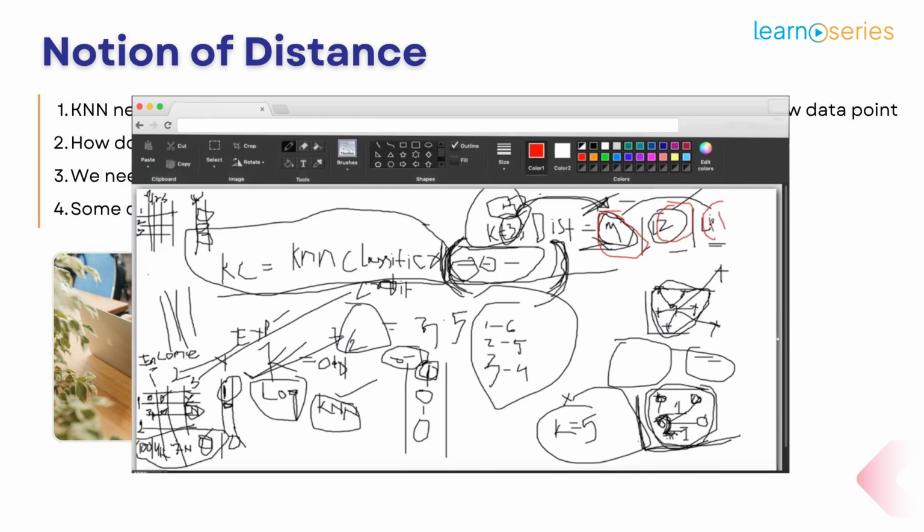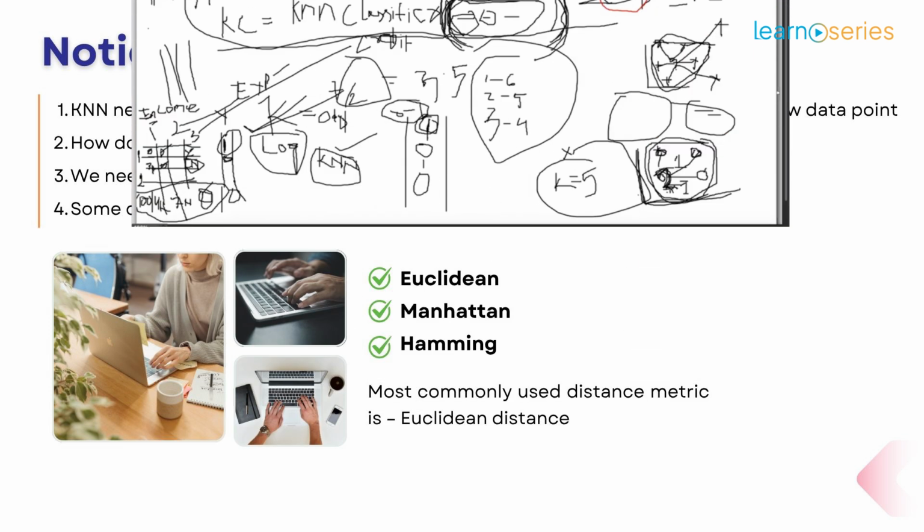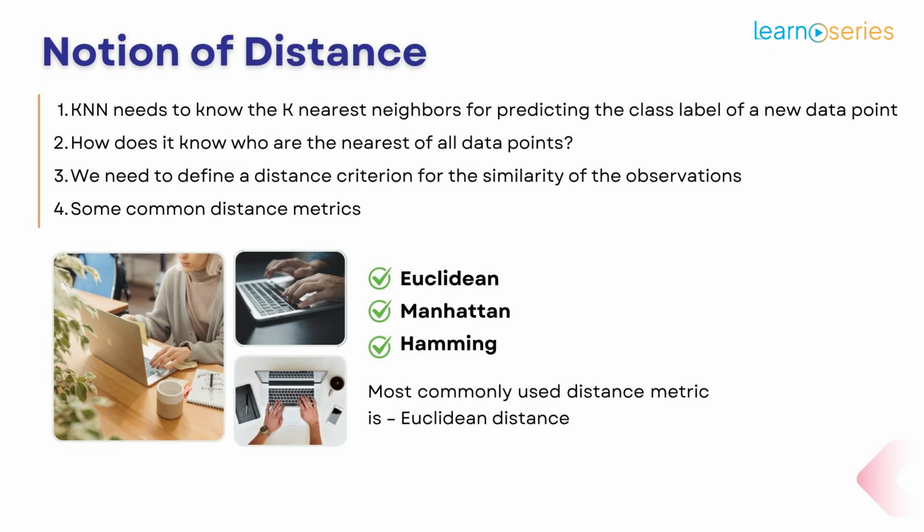This Hamming is not used much. For the most part, it's always advisable to go with L2. So there are 3 hyperparameters, and you have to pass one of them. There are others also, but we are mostly using Euclidean distance.